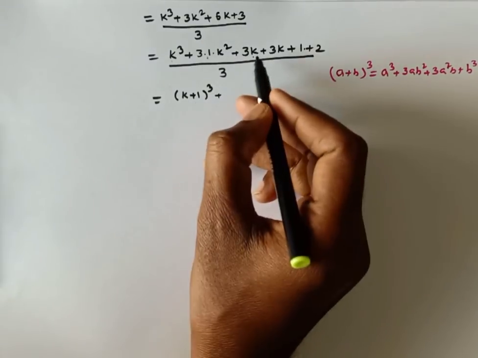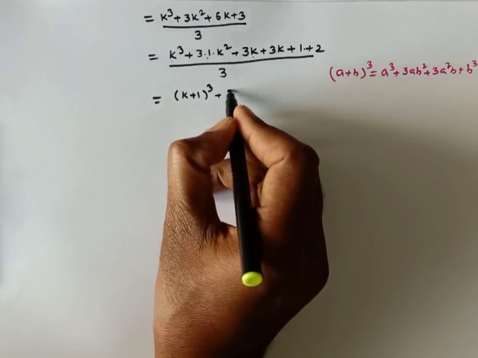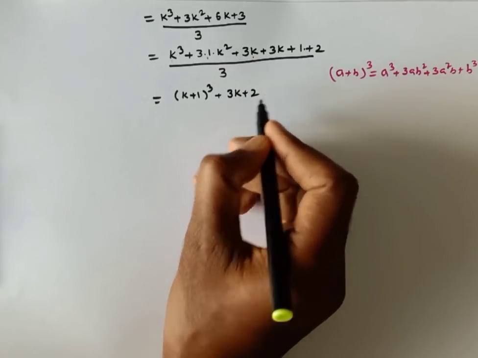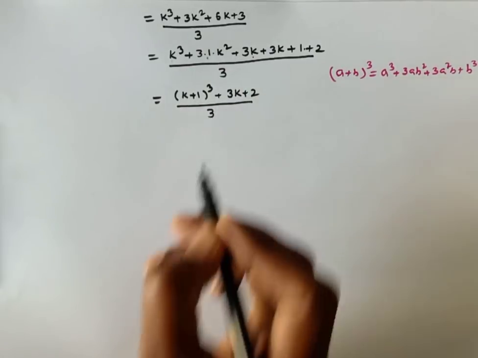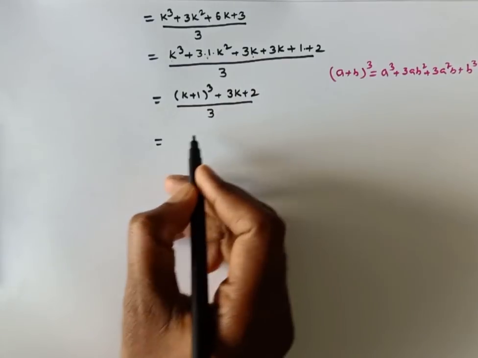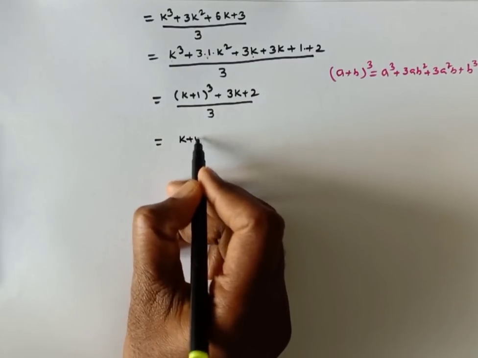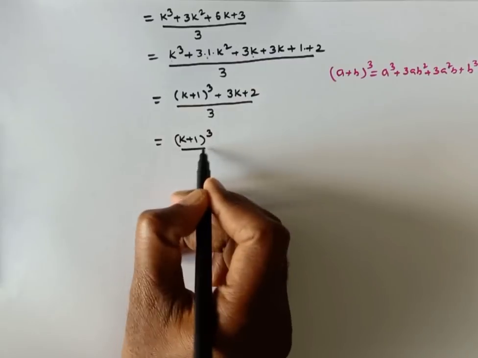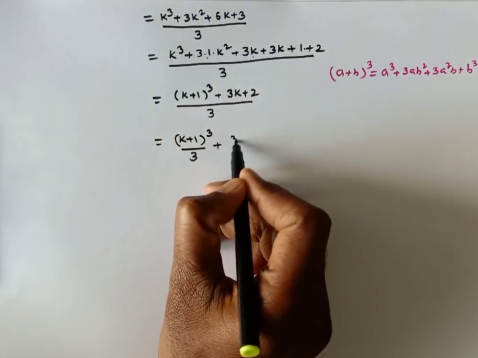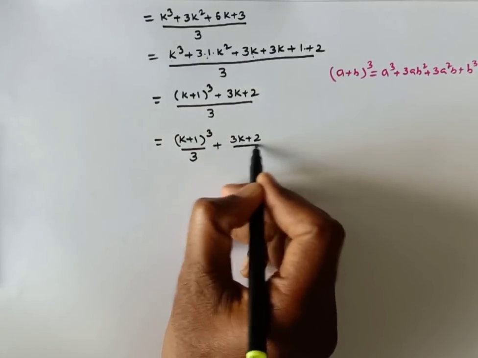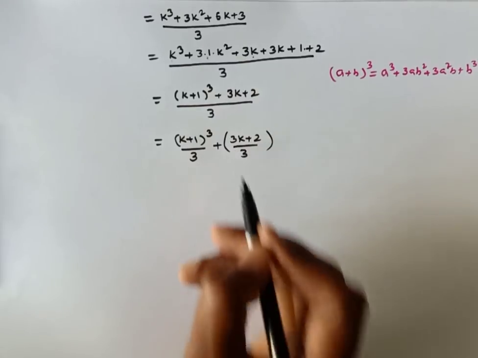The leftover terms are 3k and 2. So 3k plus 2 is left, whole divided by 3. Now we can write this as k plus 1 whole cube by 3 plus 3k plus 2 by 3.